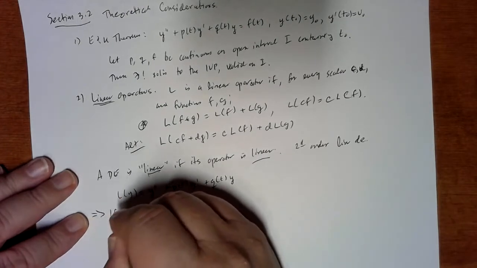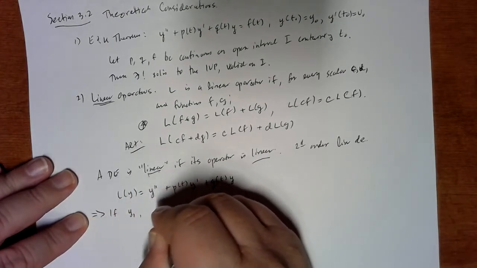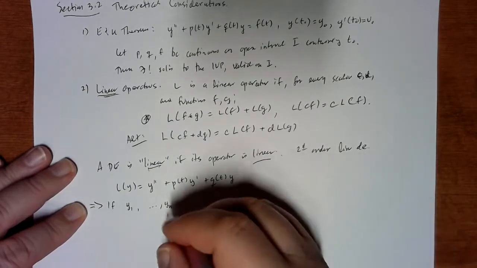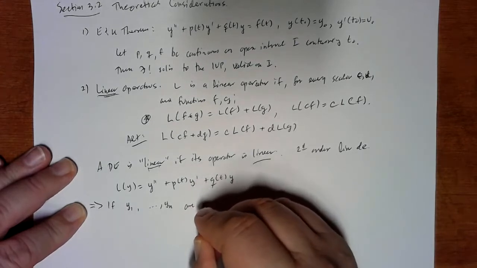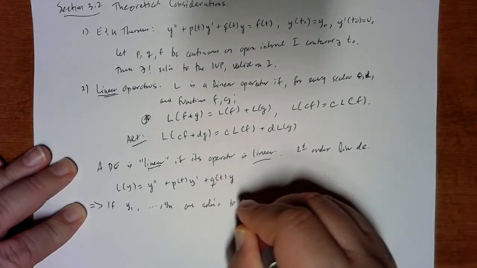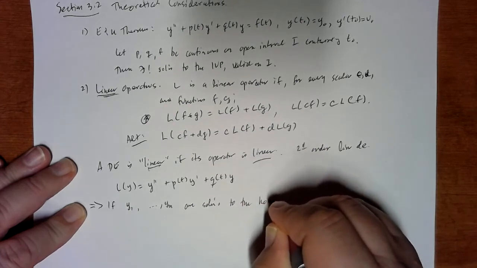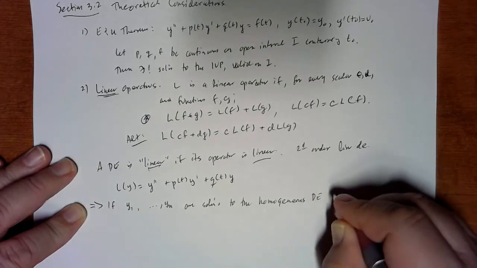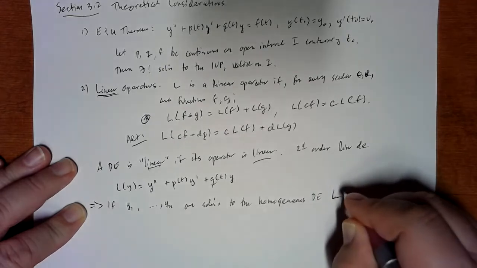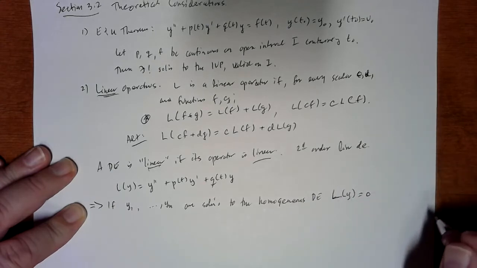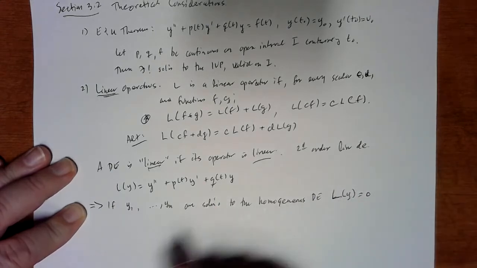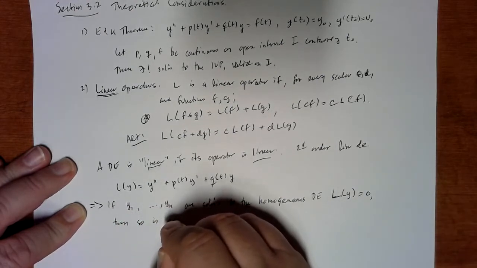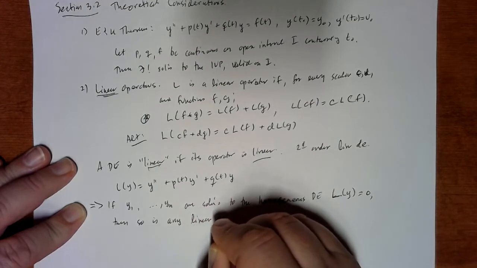So if y1 up to yn are solutions to the homogeneous DE, let's go ahead and write it in shorthand notation as L of y equals 0, where this is my L, right? Then, so is any linear combination.